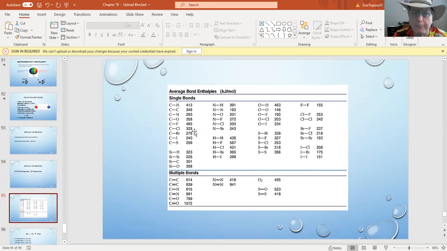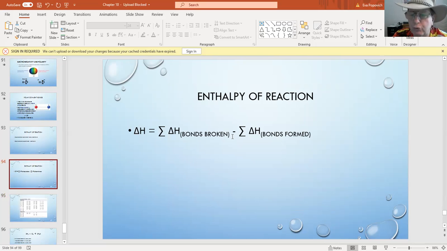So all of the numbers here are positive. So in order to make the bonds forming be negative, we have to subtract it. I guess what I'm trying to say is, if you look at this equation and you look at the one we had before, it seems like the reverse, because these are going to be the reactants and these are going to be the products. You got to keep them straight.